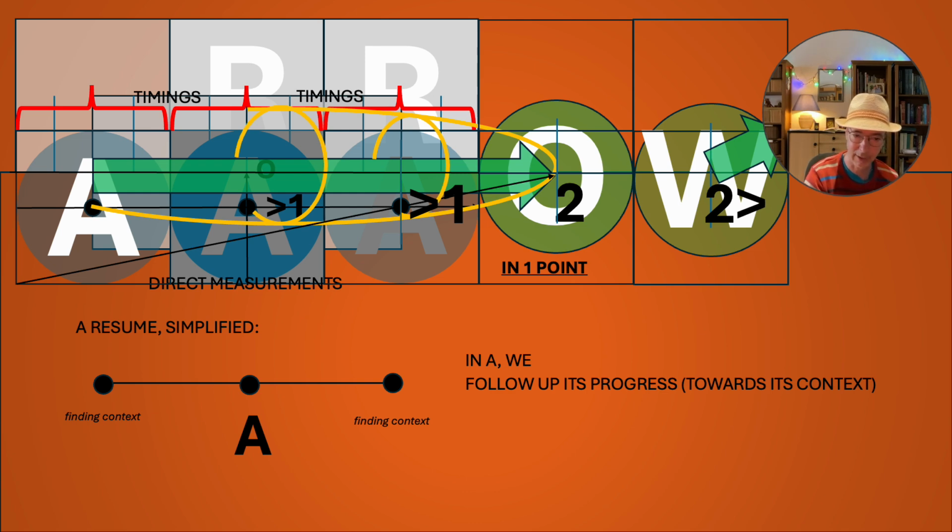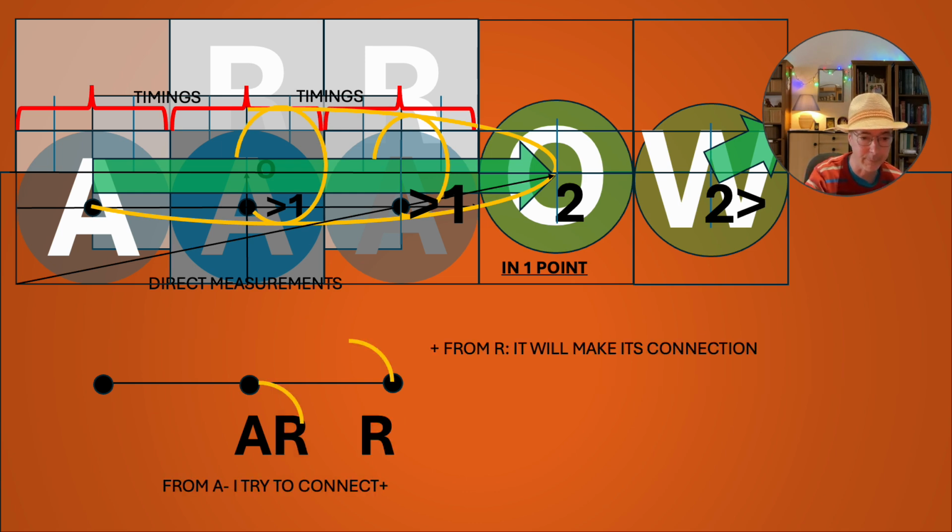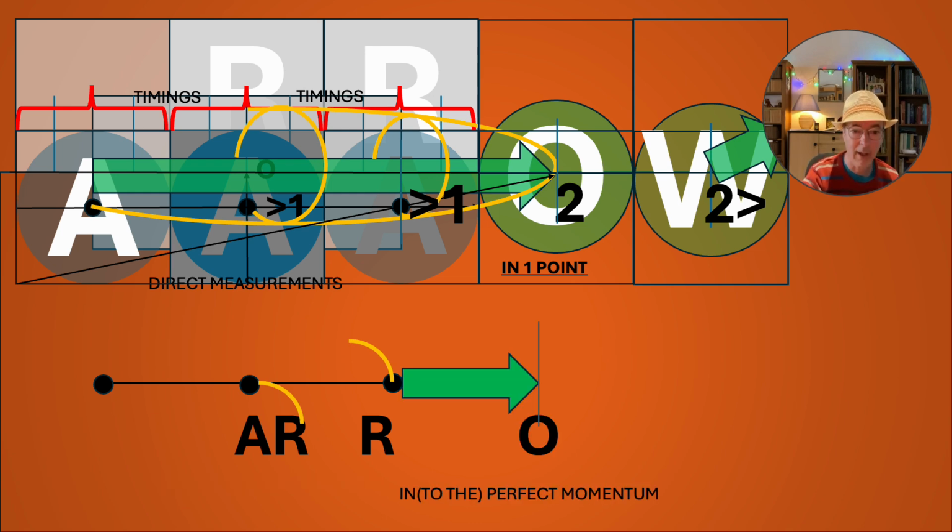So in the past and the future, in A, we follow up the progress and process towards the context that it will bring via R. And there will be 2 R's. One R is from A, starts from A, trying to connect. That's me who tries to connect. And the other R is, of course, the connections that it will bring.